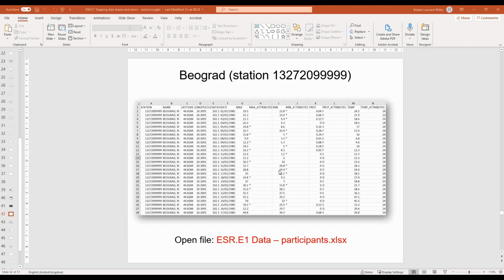Okay, that's really good. So it should look like this. And let me just explain what we've got here. So the various columns we've got in column A, that's the code given to the Belgrade station. B is the name of the station. C and D, latitude and longitude. E is the elevation. F is the day, the date, beginning in 1st of January 1985. Then you've got the maximum, minimum temperatures.